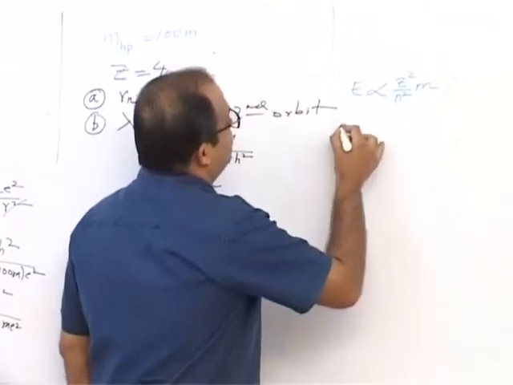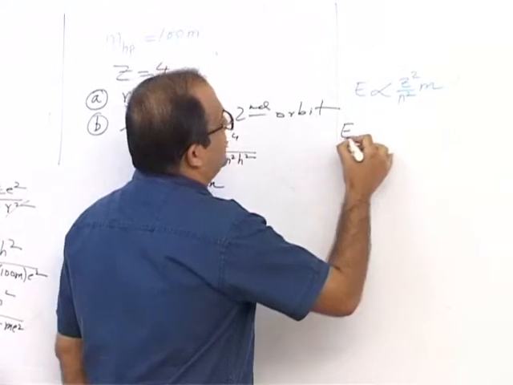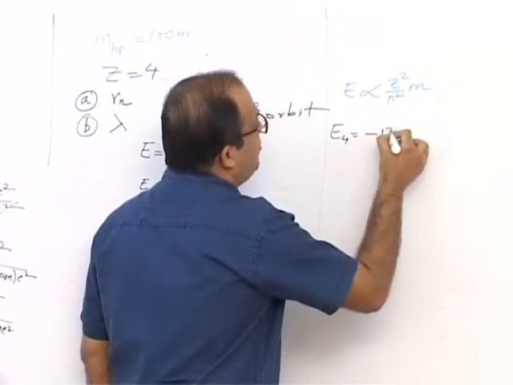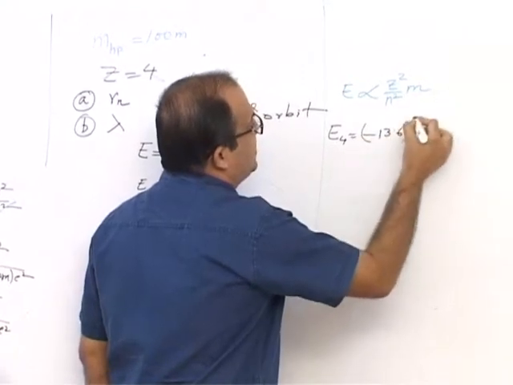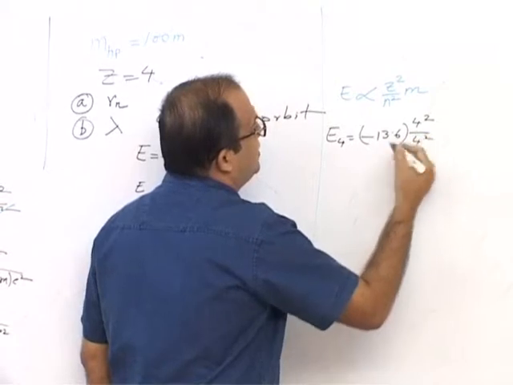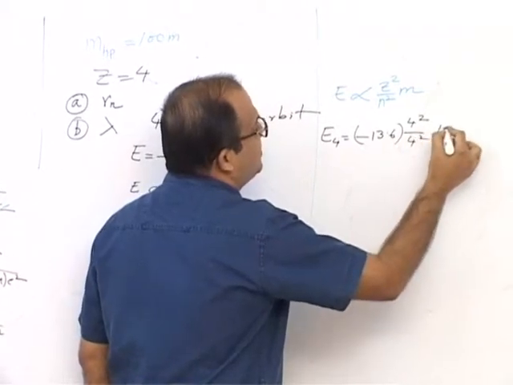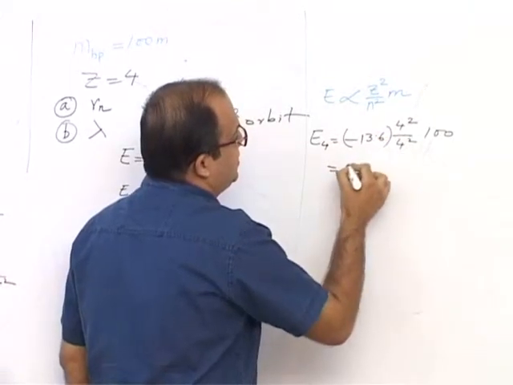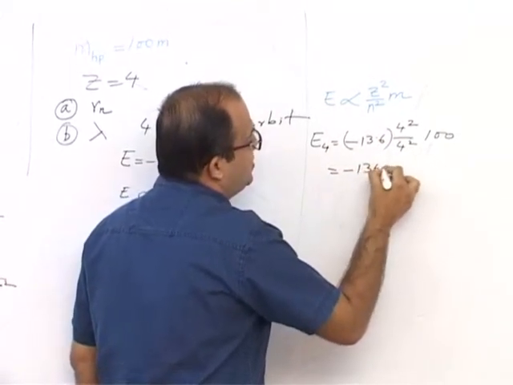So energy of the 4th orbit will be minus 13.6. Z is 4, n is 4, and mass is 100 times. So that becomes minus 136 over 1, so minus 1360.